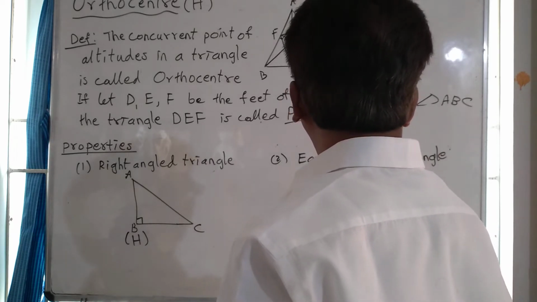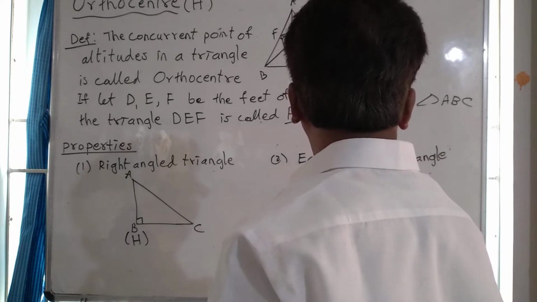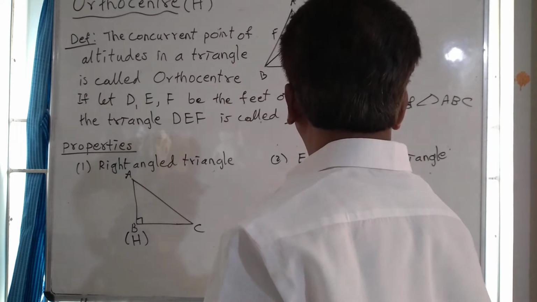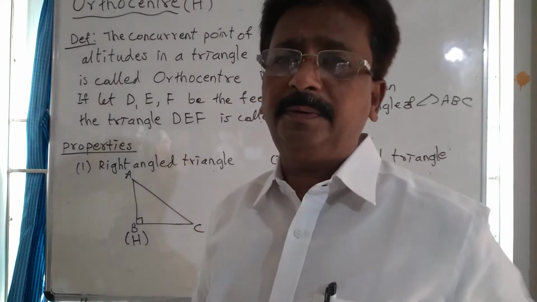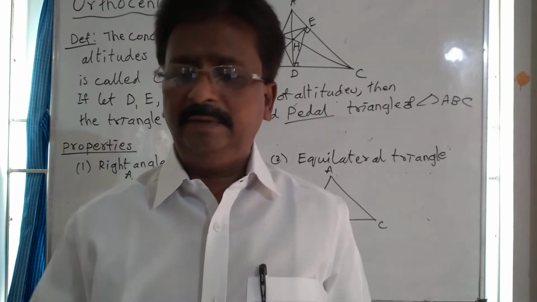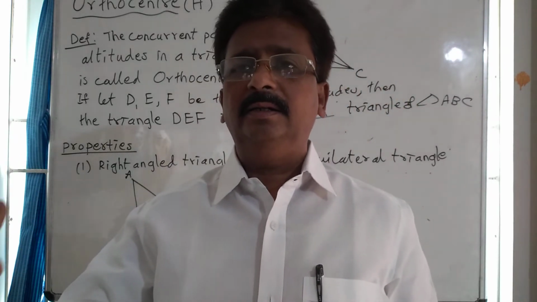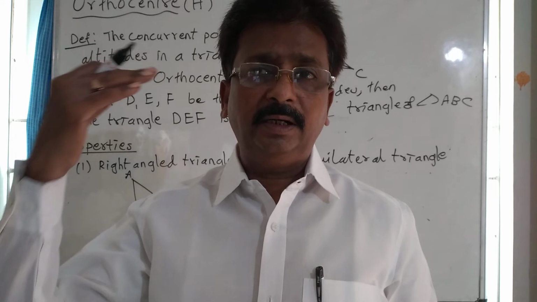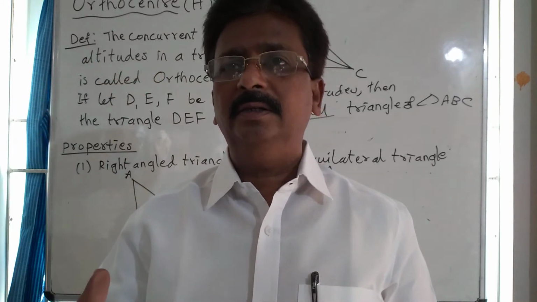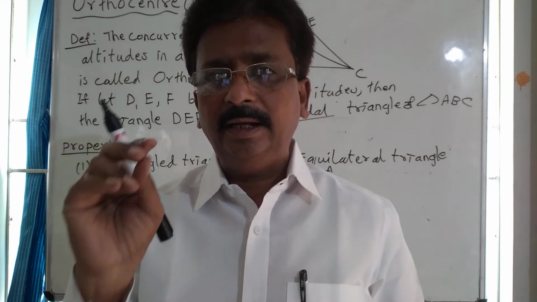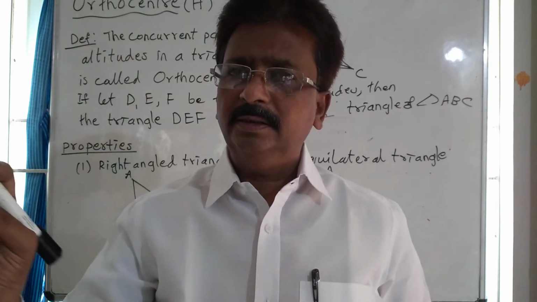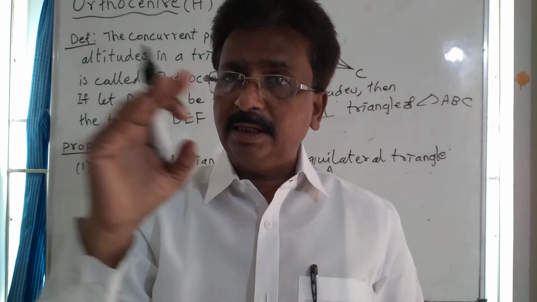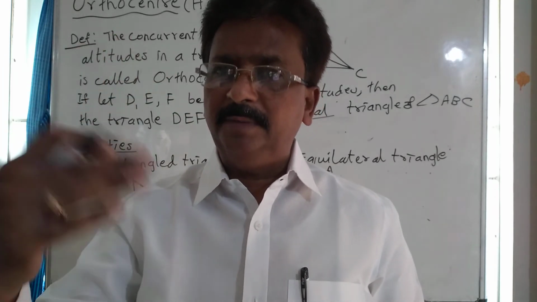Next, for the equilateral triangle, I will draw the equilateral triangle ABC. Okay, you can identify the triangle nature, whether it is equilateral or right angled. I told some technique in the last class. For the equilateral triangle, we can identify according to the coordinates. Once again I am repeating the same technique.